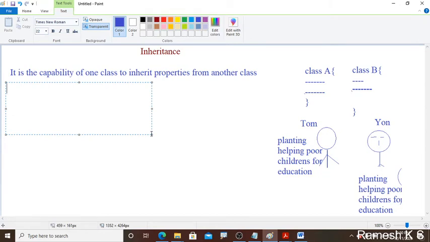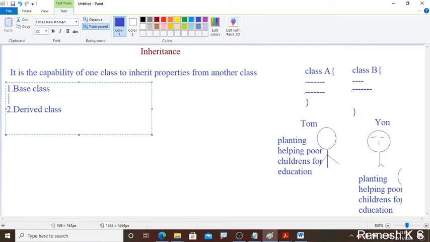In order to implement inheritance we require two classes. One is the base class, which is most important, and we also require a derived class. Without these two we cannot implement inheritance.